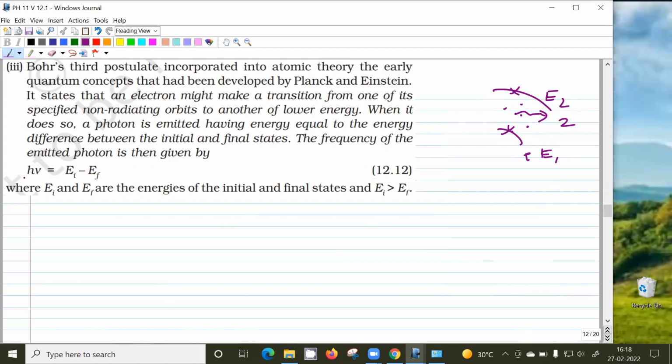That radiation energy h nu is equal to the loss of energy, so initial minus final. Because when it is giving out radiation, there is a loss of energy, and that loss goes out as radiation. Is this clear? Yes, sir.